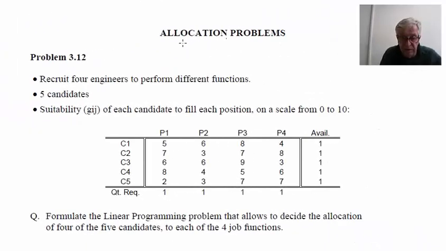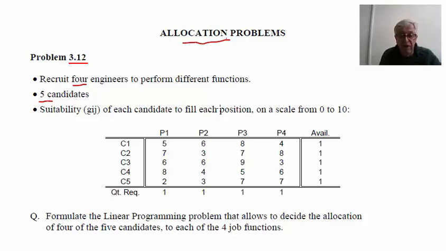So let's illustrate the allocation problems, and we are going to use as an example problem 12 of our list. In this problem, we want to recruit 4 engineers to perform different functions, but we have 5 candidates. So one of the candidates must be excluded.